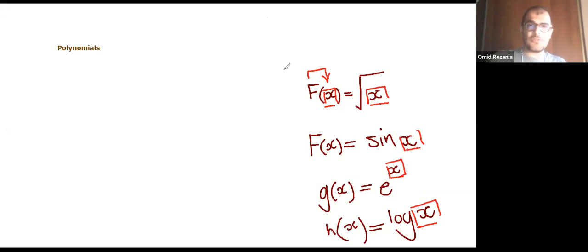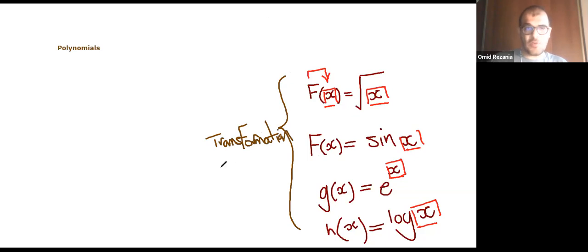In all those functions that we talked about, we had different formats of transformation. By transformation, you may recall that we mean a drastic change of a single variable into something else.